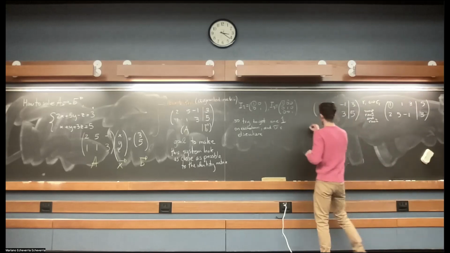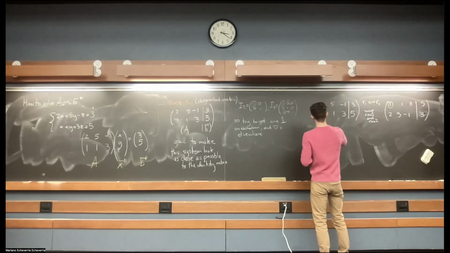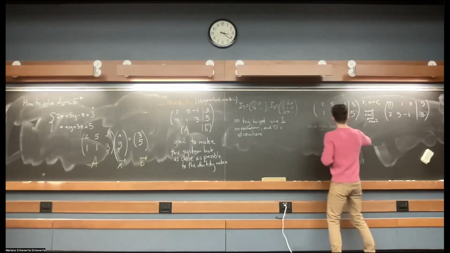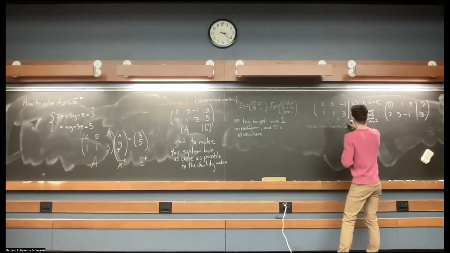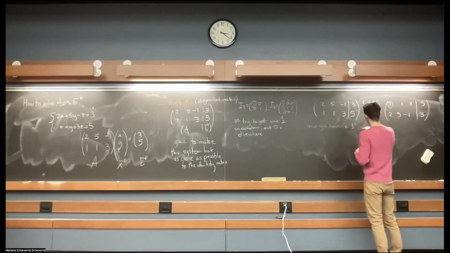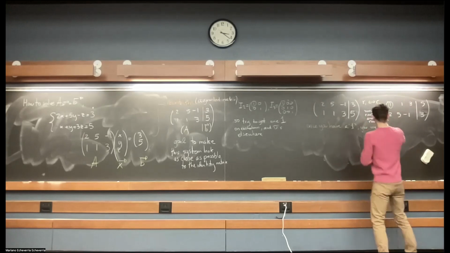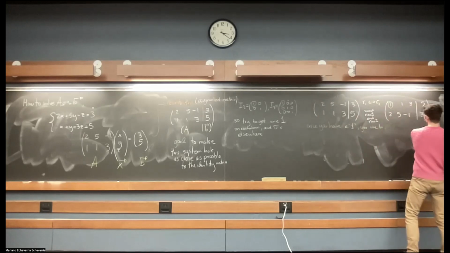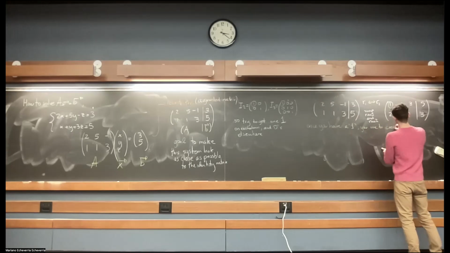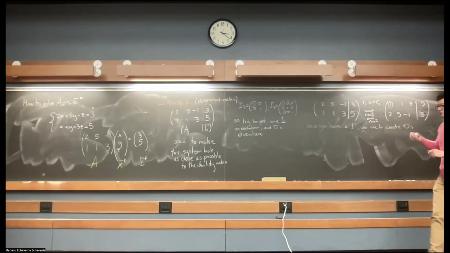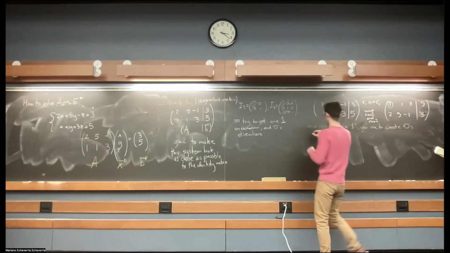Once you have a 1, you use it to put zeros in the other entries of the corresponding column to which it belongs.